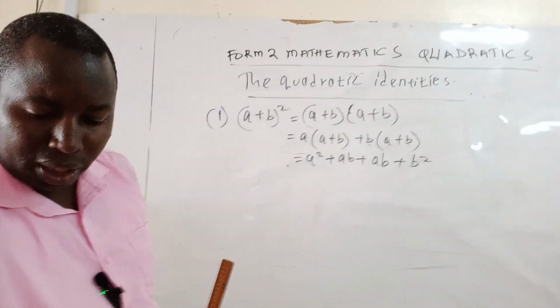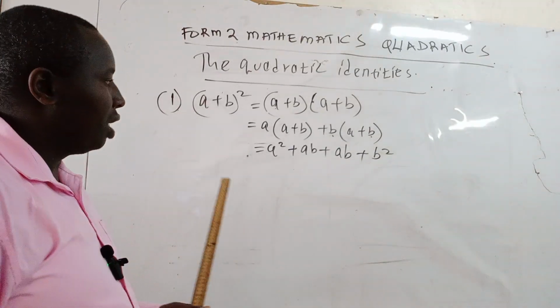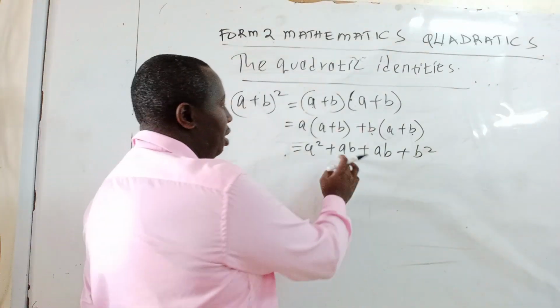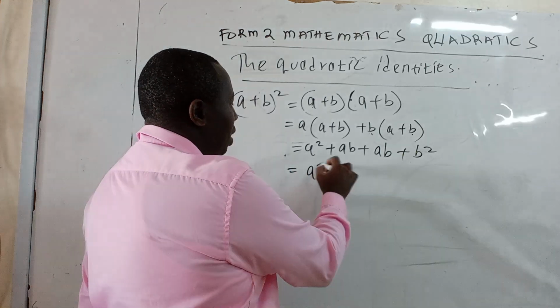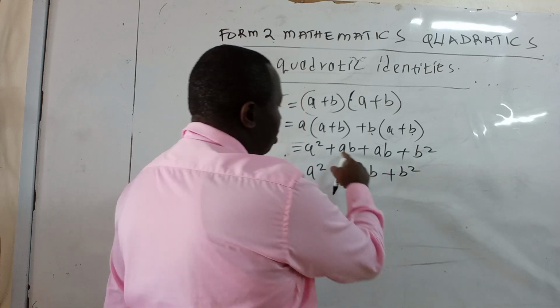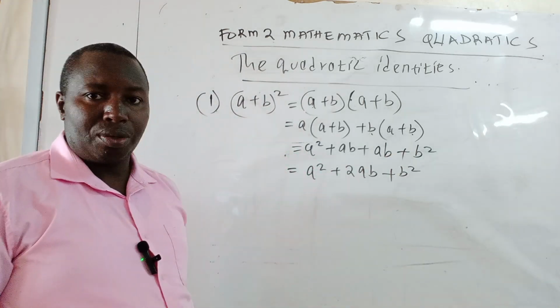From there, bring like terms. ab plus ab are like terms. So you have a squared plus 2ab plus b squared, because this is 1ab plus 1ab. That's the first one.